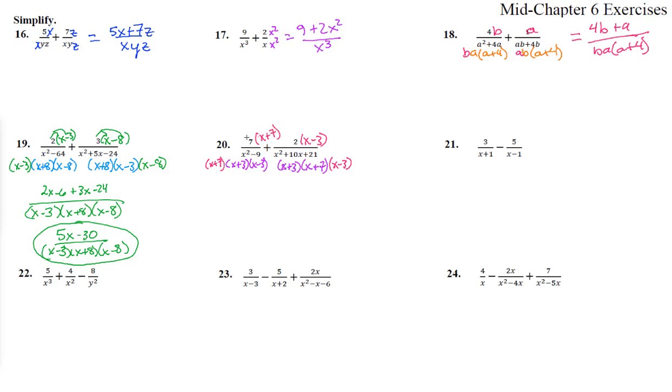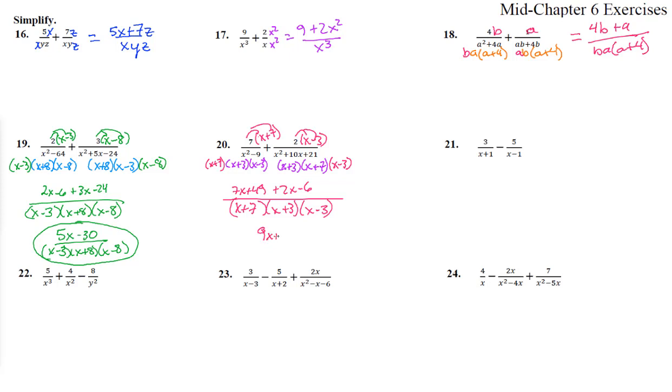So altogether on the top we have 7x plus 49 plus 2x minus 6 all over x plus 7, x plus 3, x minus 3. And then the top simplifies to 9x plus 43.